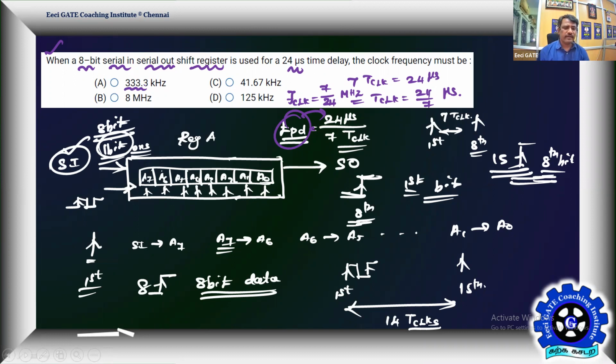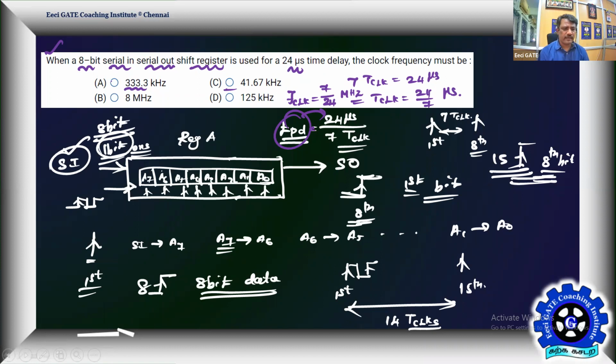But 7 by 24 is a little less than 8 by 24, and that is not very close. So for 7 by 24 megahertz, let me go for the actual number. The frequency decreases, but it is not very close to 333.3.